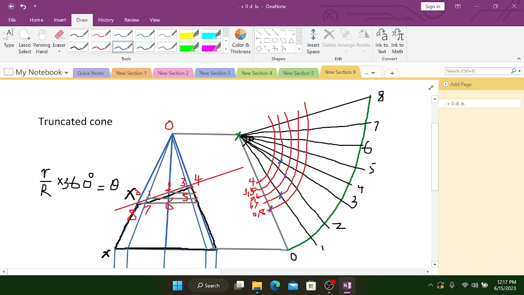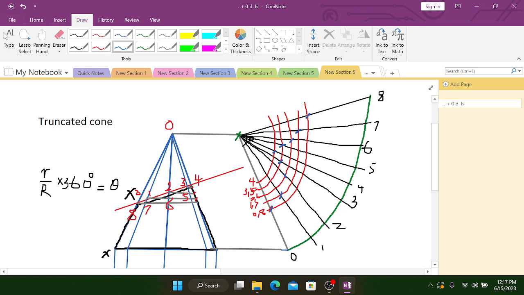And 4, only 1, 4, so here. Then from 5, this is 3, 5, no? So here. Then from 6, 2, 6, so here. In this way, 7, here 1, 7. And 8, 0, 8 here.